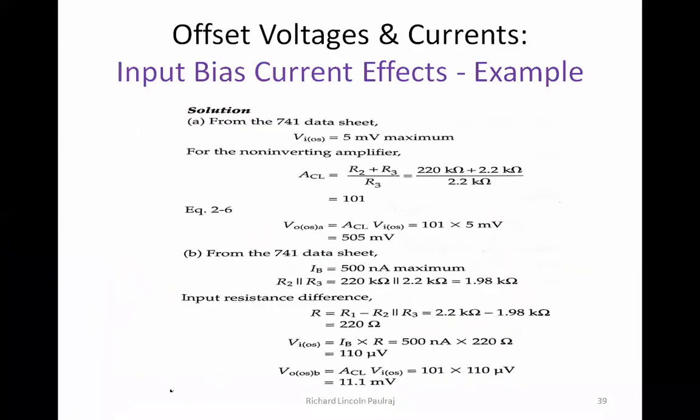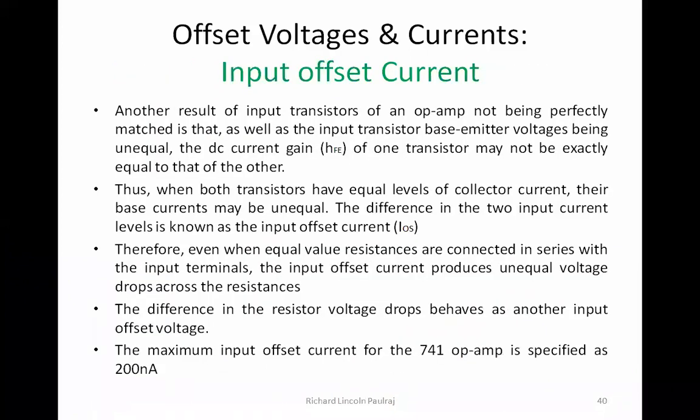So thus when both transistors have equal levels of collector currents, which is IC, their base currents may be unequal. So even though IC1 is equal to IC2, even though we satisfy that case, IB1 will not be equal to IB2.